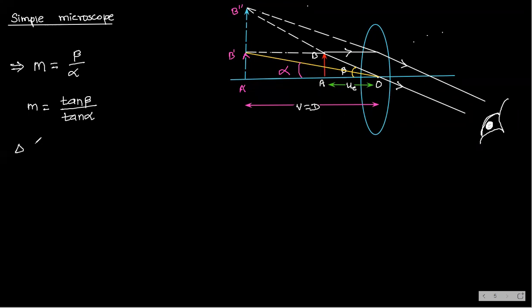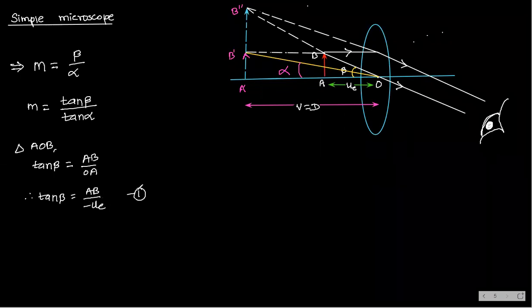In triangle AOB, the beta triangle, tan beta is equal to AB by OA, and OA is minus UE. Call this equation number 1.